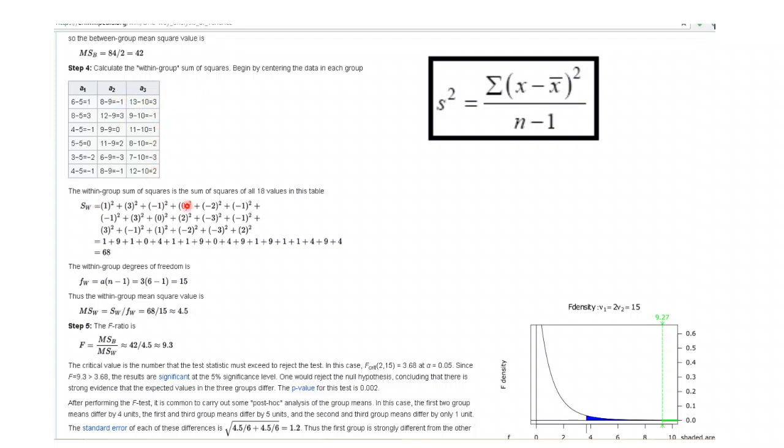Now, we will take squares of all these, and then sum them up. Sigma means summation of all these squares. This is the summation of within.